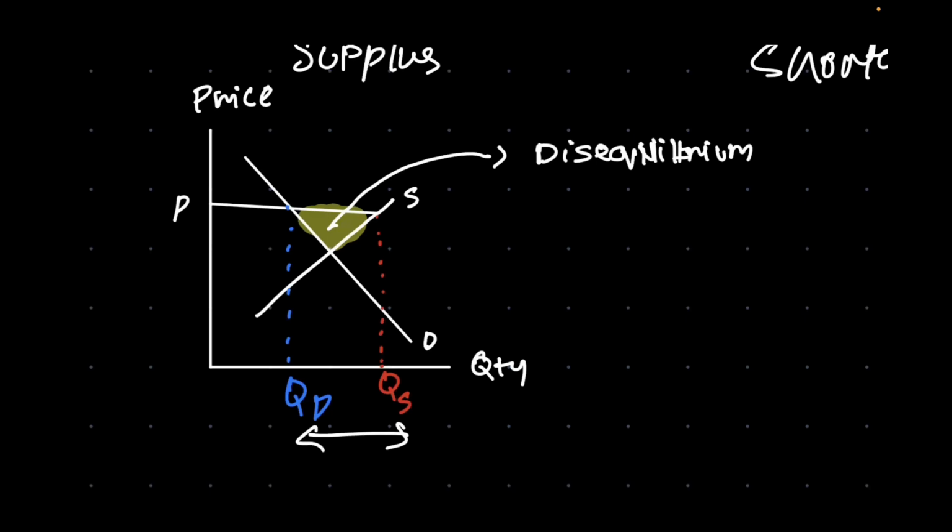So, whenever there is a disequilibrium in a market, I want you to try and recall the functions of the price mechanism, which I'll attach in the description below, wherein there's a video on the whole of price mechanism. So there are three main functions of the price mechanism: the incentive function, the signaling function, and the rationing function.